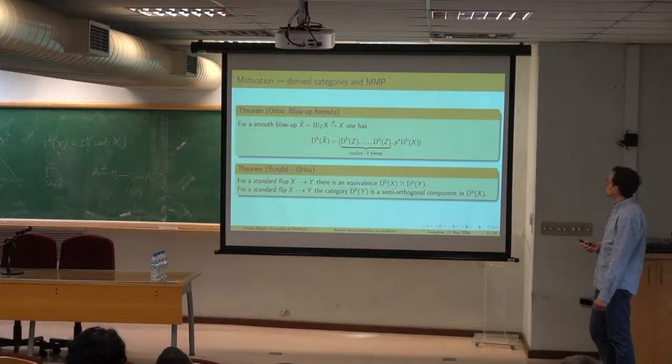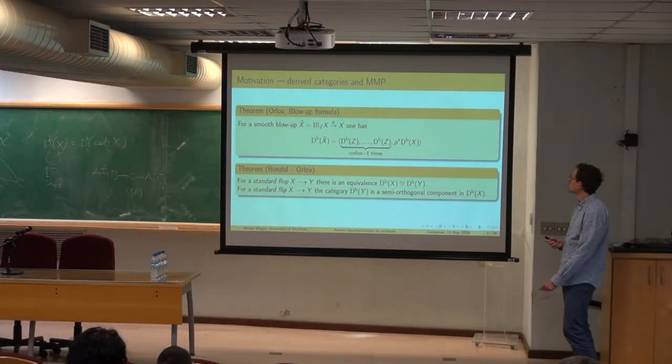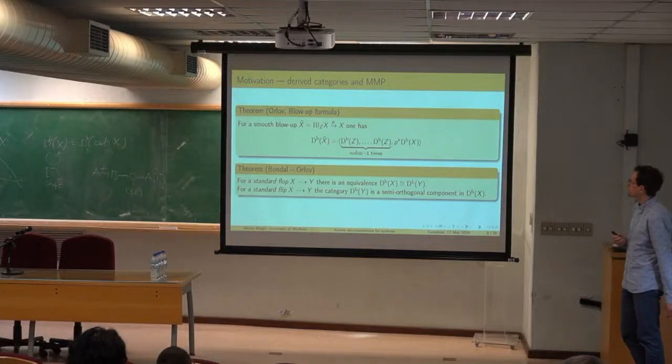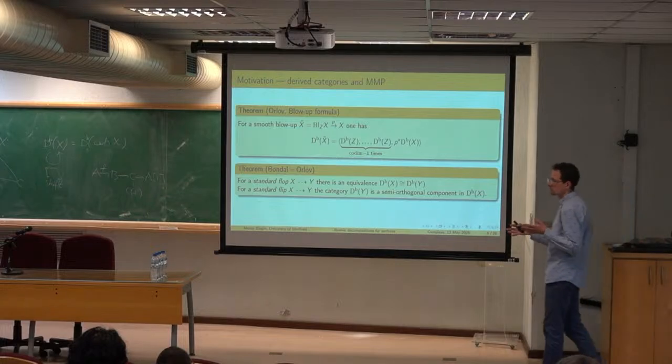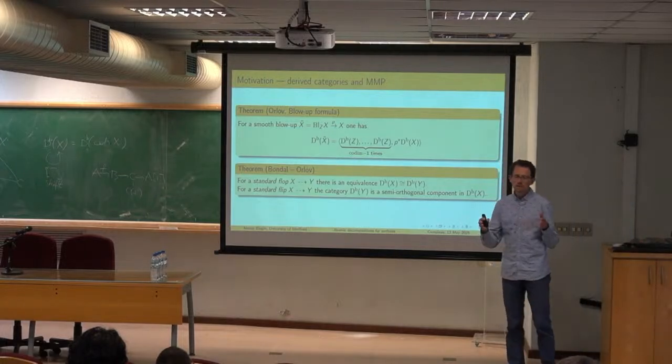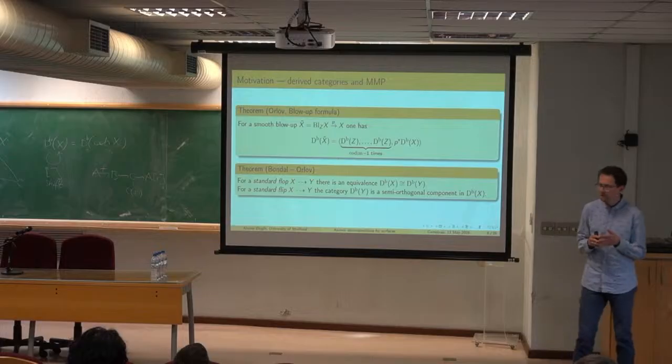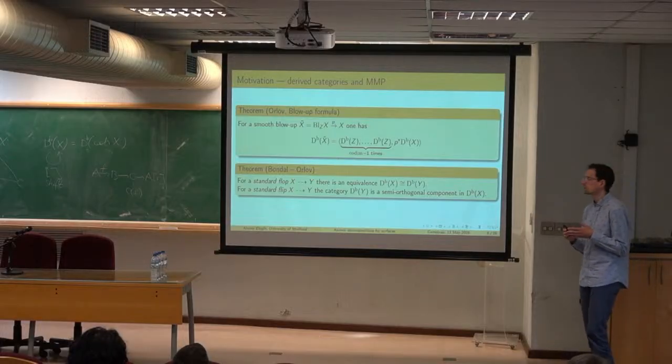And there is an even more general theorem by Bondal and Orlov about derived categories for varieties connected by an elementary birational transformation such as a standard flop and standard flip.